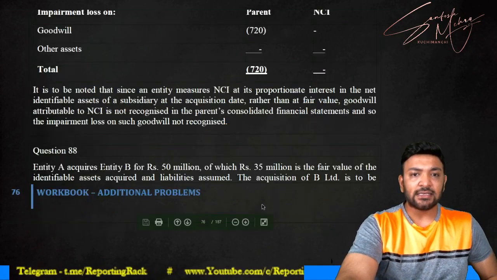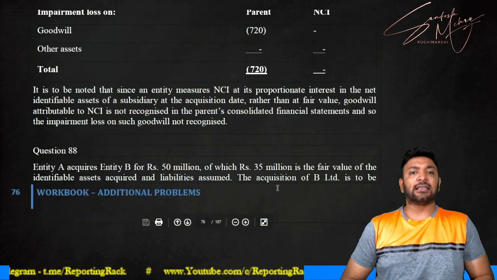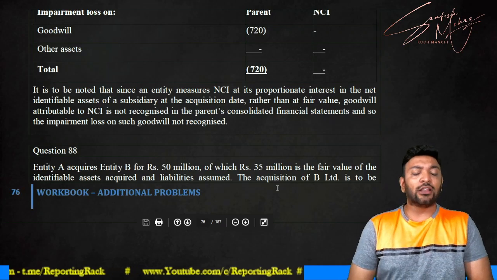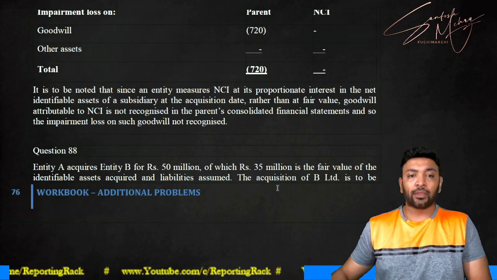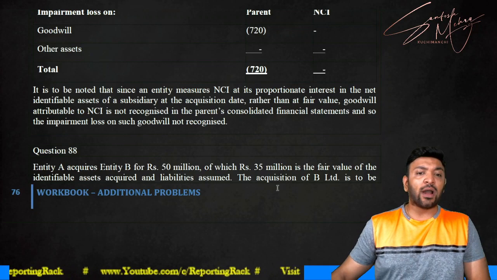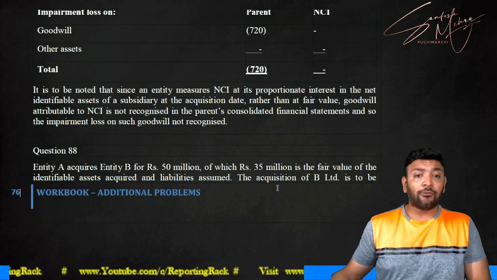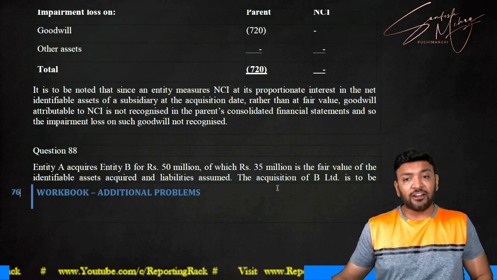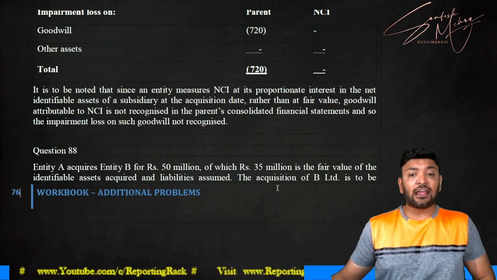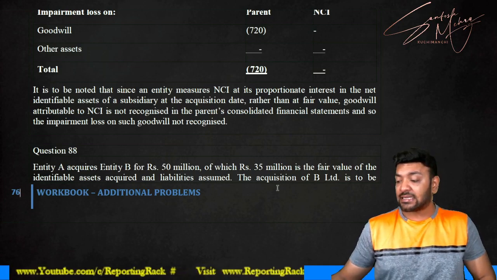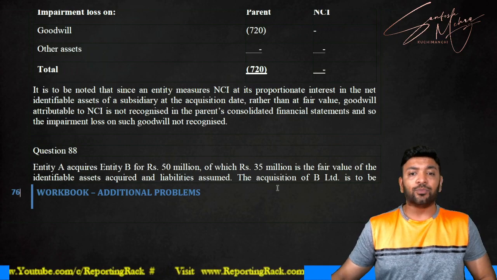This is the compendium, and this is the additions to study material. Look at question number 88. Entity A acquires entity B for 50 million, of which 35 million is the fair value of identifiable assets and liabilities assumed.